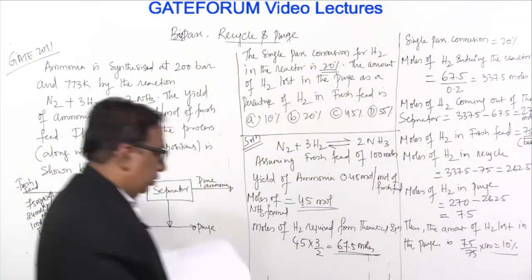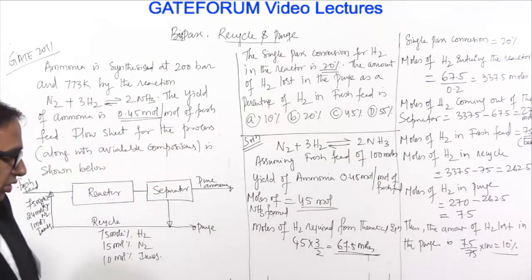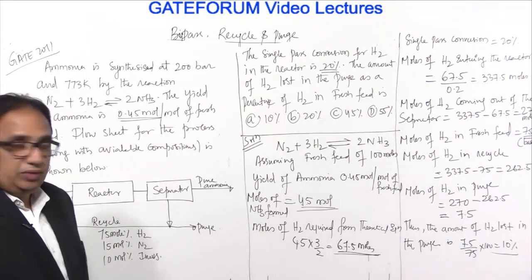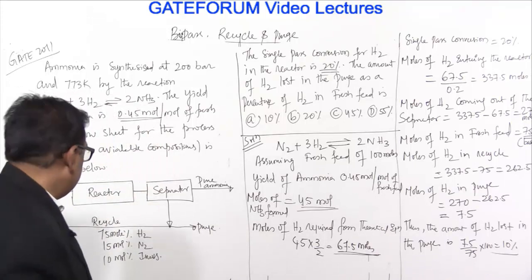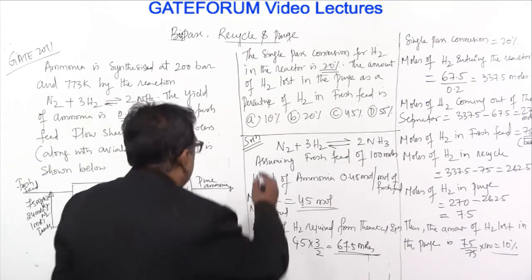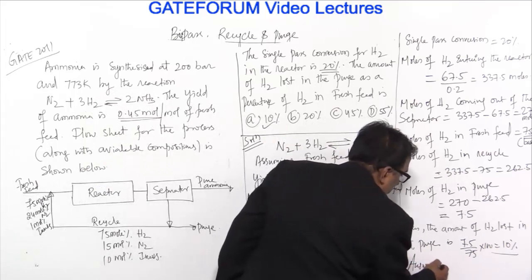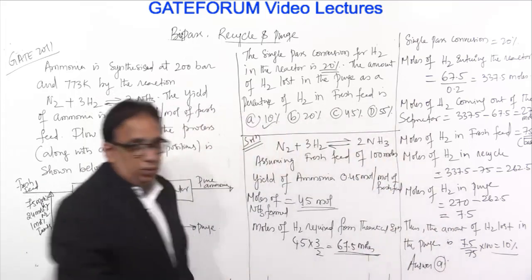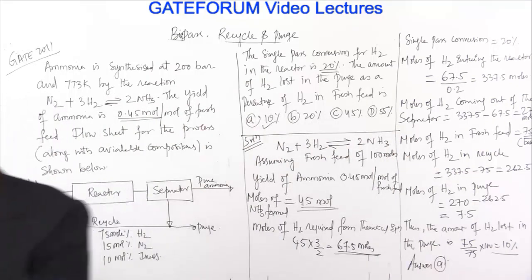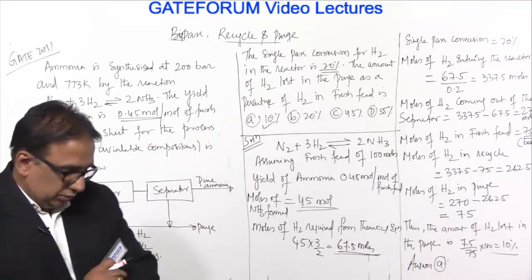Thus, the amount of H2 lost in the purge is 7.5 by 75 into 100, that is 10%. So, the answer is A.